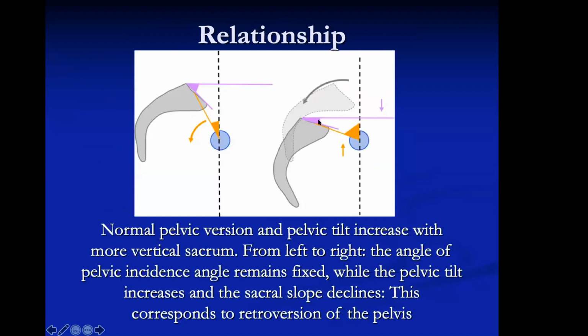Whereas a patient with a vertical pelvis, meaning a retroverted pelvis, a vertical sacrum, will have a higher pelvic tilt and lower sacral slope. This particular situation, where there is a vertical sacrum or a retroverted pelvis, doesn't compensate well, and this is very important to understand the management principles.